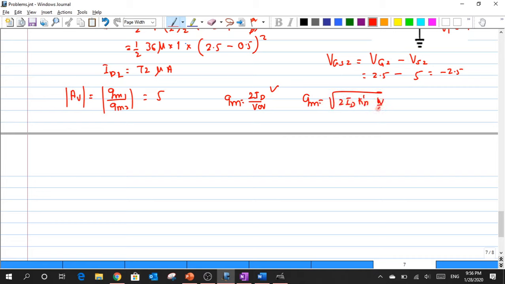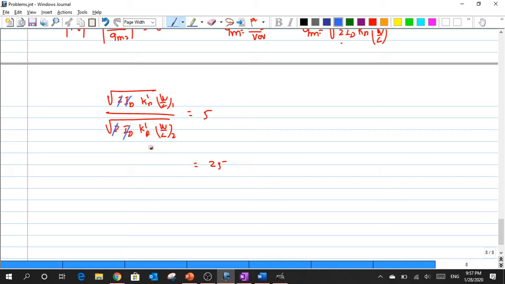Now one could do a simple square relation, taking the square on both sides. We would end up having 25 here, and then we could also do some simplification by cancelling out these two terms, and what is left over is just kn dash W by L of 1 divided by kp dash W by L of 2, and that's supposed to be equal to 25. From here on it's just the ratios.